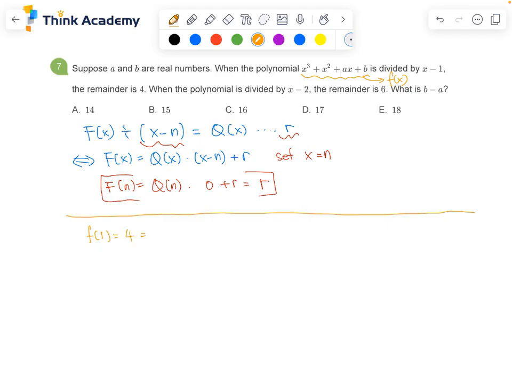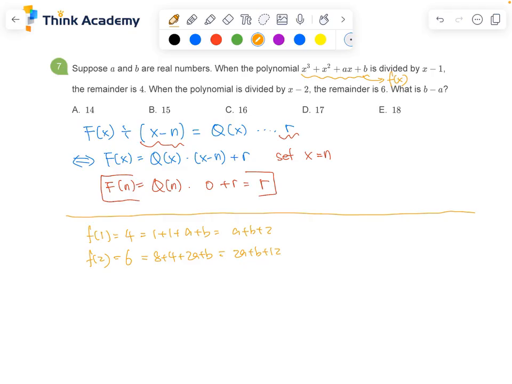But what is f(1)? f(1) is 1 plus 1 plus a plus b, which is a plus b plus 2. Similarly, because the remainder is 6, f(2) is just 6, which would be 8 plus 4 plus 2a plus b, which is 2a plus b plus 12.